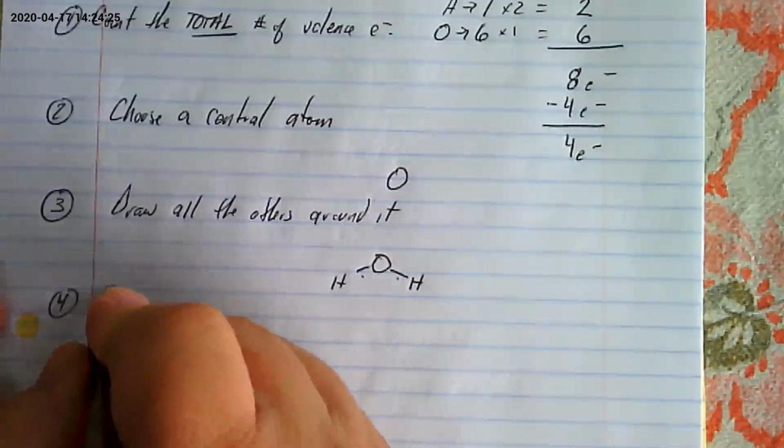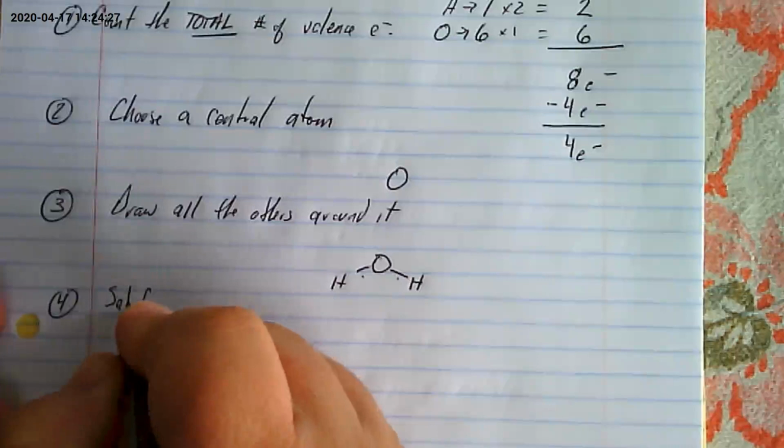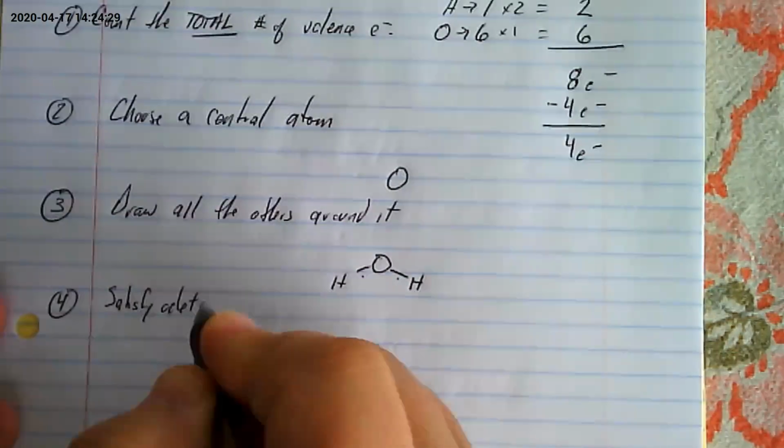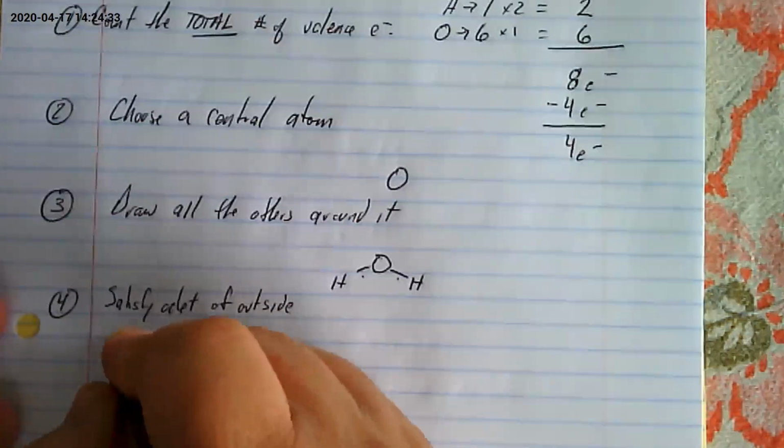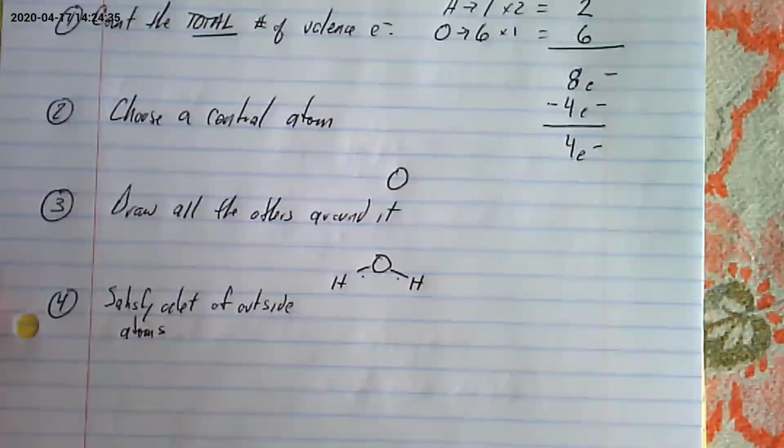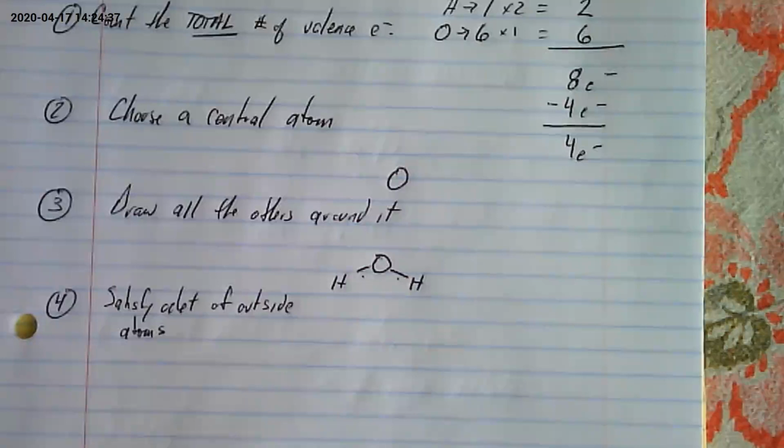So just by connecting the H's to the O, I just used 4 electrons. 2 electrons here and 2 electrons here. So what I'm going to do is go back up to this total right up here, and take 4 electrons away from that because I used 4 of them. And now I have 4 left.